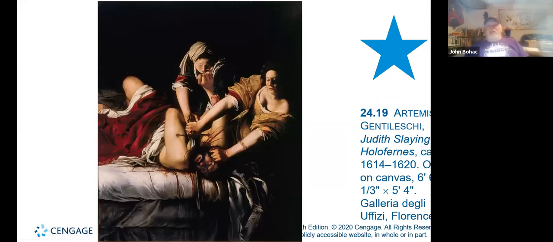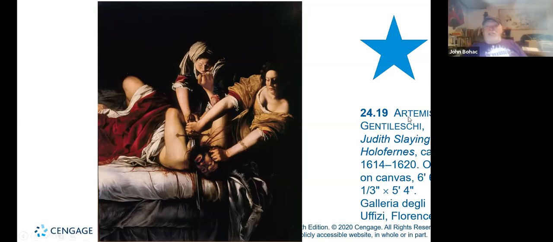Artemisia Gentileschi, Judith Slaying Holofernes. And this is from the Old Testament. And Judith was the one that saved her people from the brutal Holofernes. She snuck into his tent at night, brought her sword, she and her handmaiden, they cut his head off.